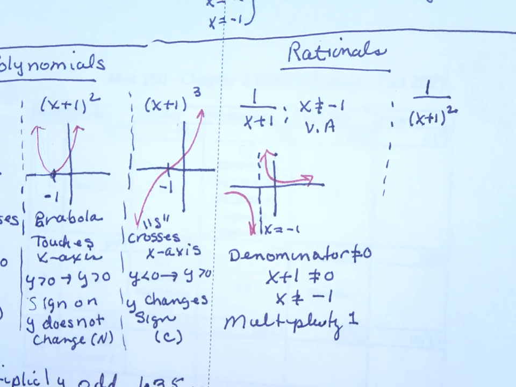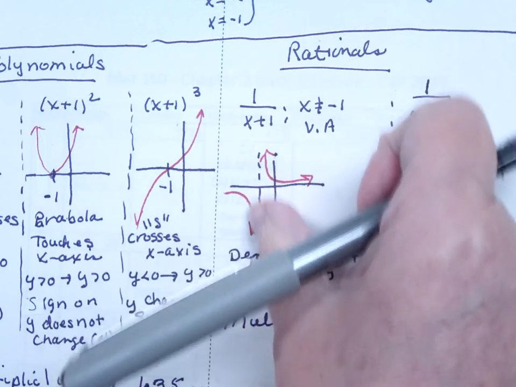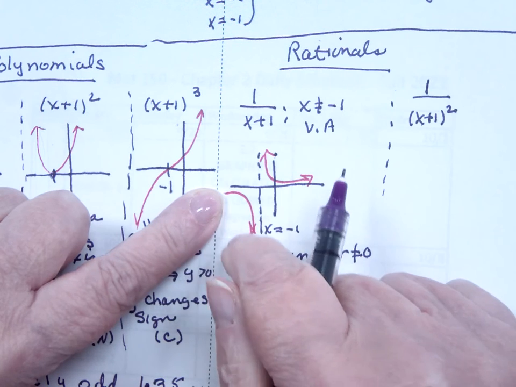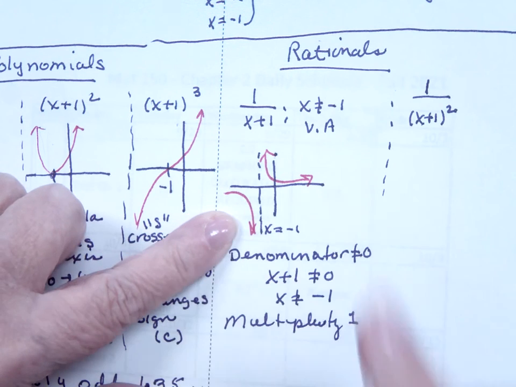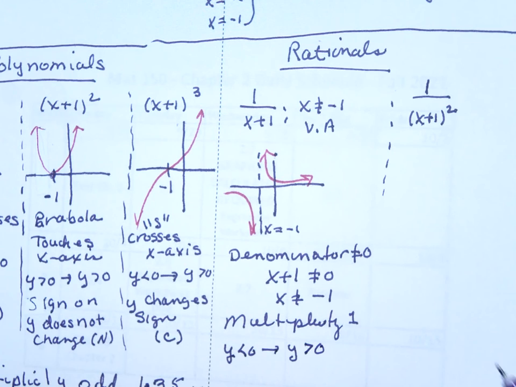Now, what does multiplicity 1 look like? Well, if I think about it, multiplicity 1. If I look to the left, y is negative, and it's changing to y positive. So you have a change across the VA.